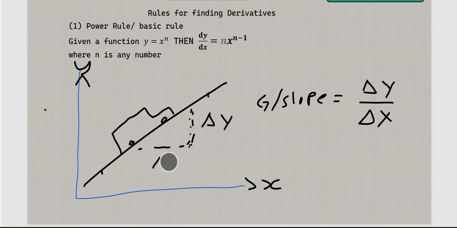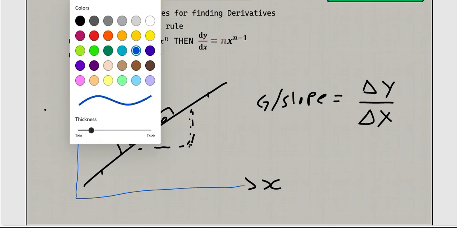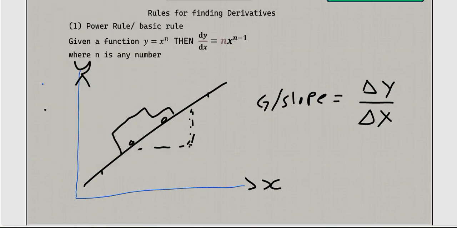Now that is different when you're talking about a curve. For now, let's say this point here on the x-axis is 4, and this point here is 6, and then this point here on the y-axis is again 4, and this point here is again 6. If you're told to get the gradient of that line or the slope of that line, what do you do?